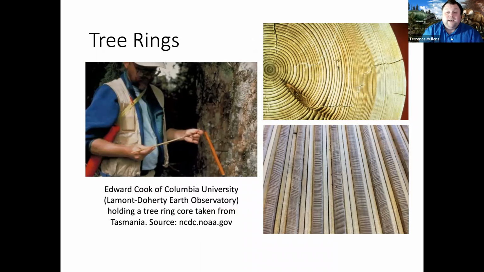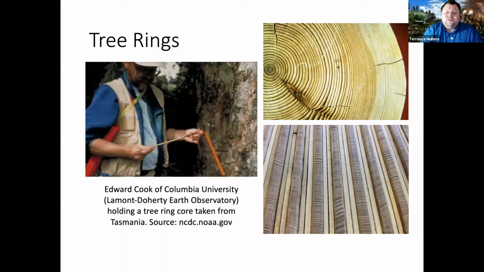Another big source of paleoclimate data is tree rings. Every single year, a tree grows a new outer layer, and that outer layer represents that particular growing season.